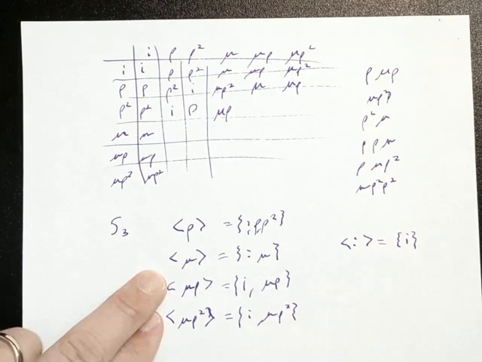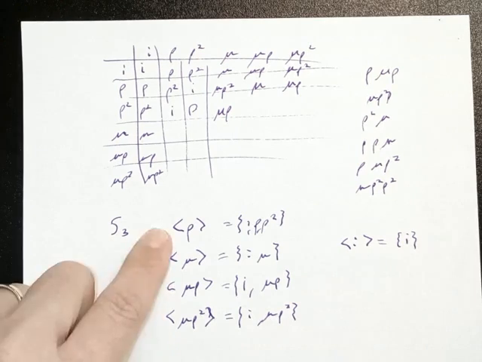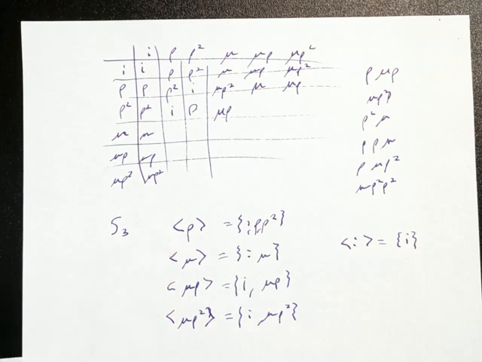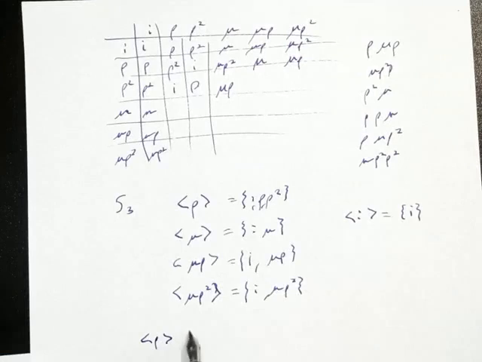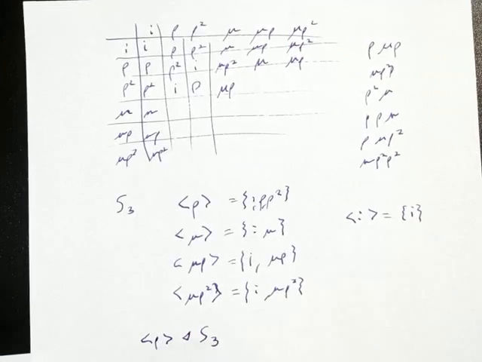These would have different left cosets and right cosets. This one is normal. Without doing any crazy psycho calculations, why do I know that's normal?